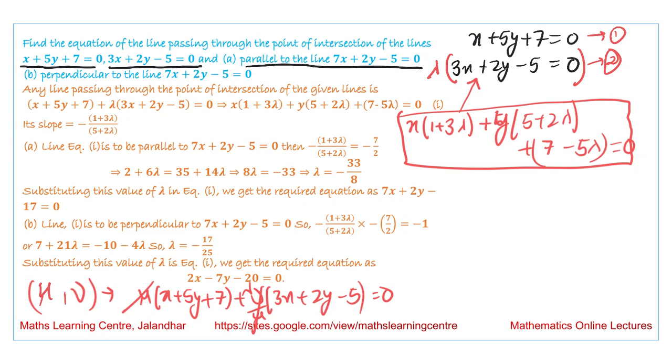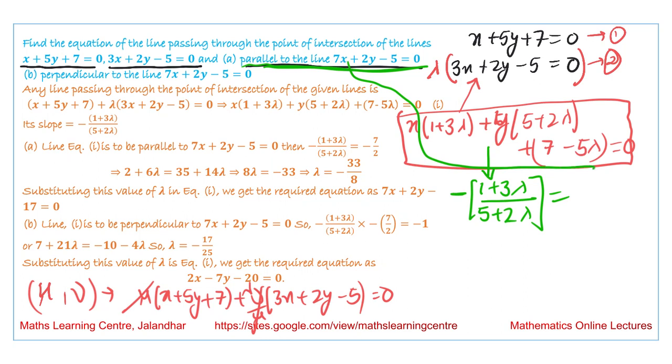Now the condition given to us is that this line is parallel to this line. If we calculate the slope of this line, it is minus of 1 plus 3 lambda divided by 5 plus 2 lambda, and that should be equal to the slope of this line, which is minus 7 by 2.